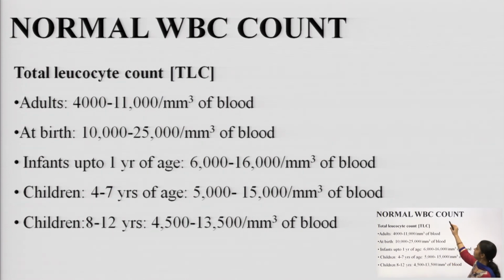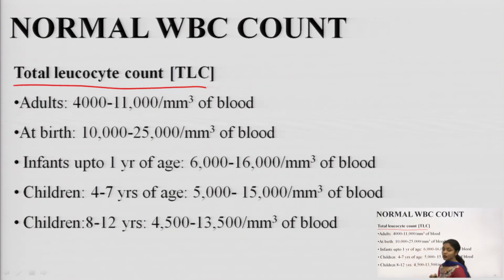Now the normal WBC count, or you can say the total leukocyte count. In adults, it is 4,000 to 11,000 per cubic millimeter of blood. That is your normal level of WBC in adults. At birth, 10,000 to 25,000 per cubic millimeter of blood is required.